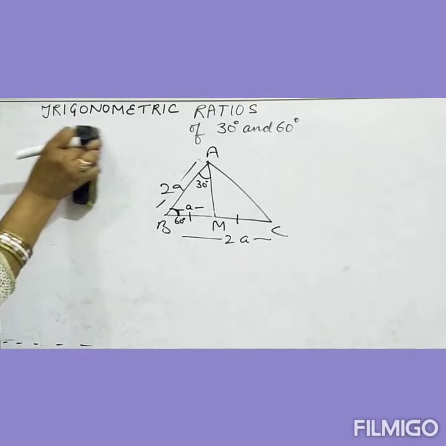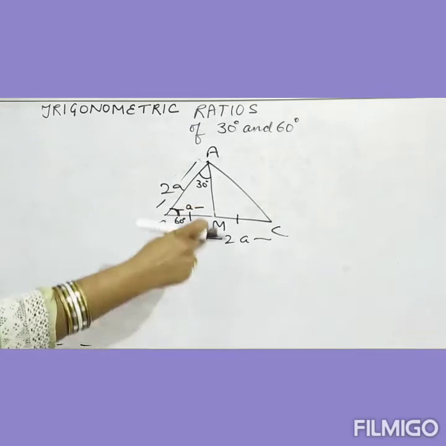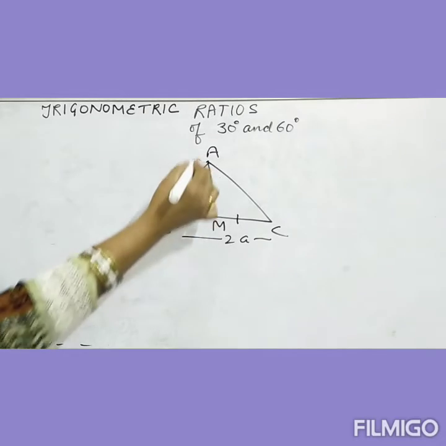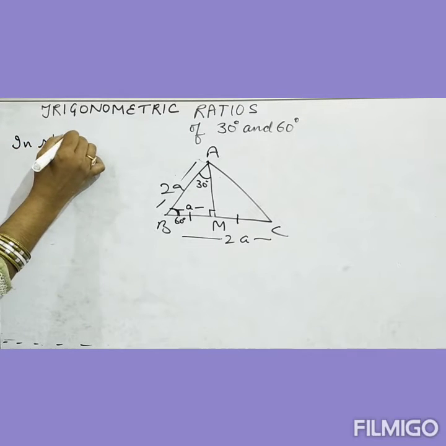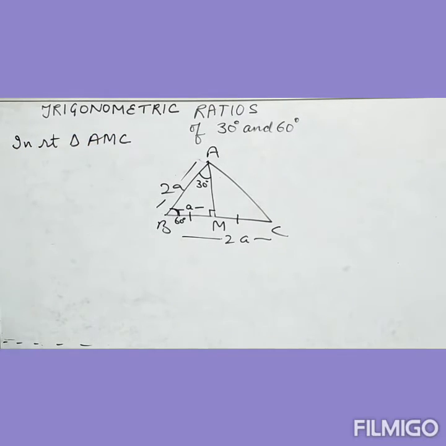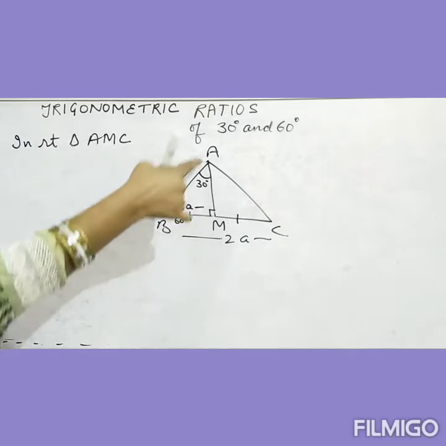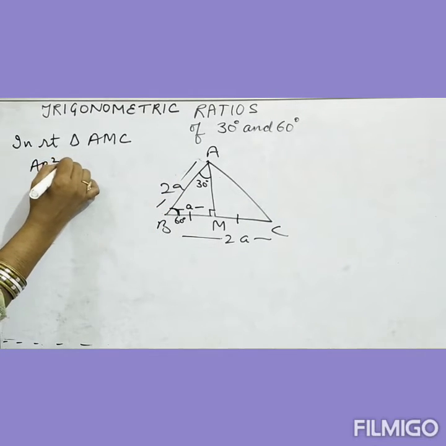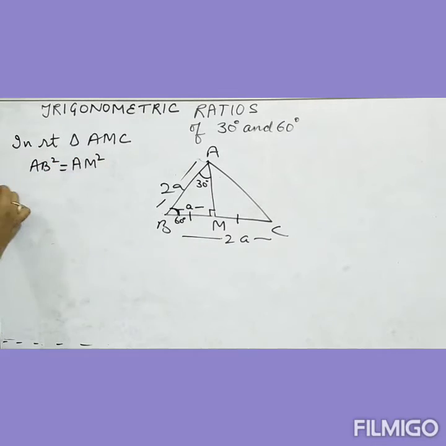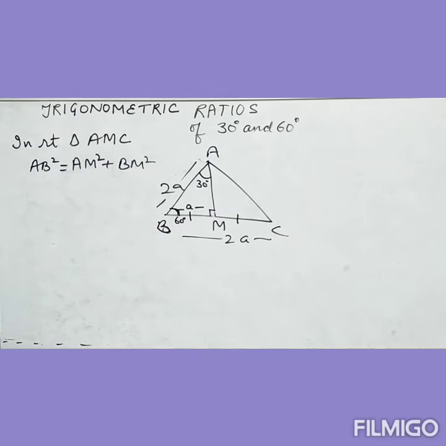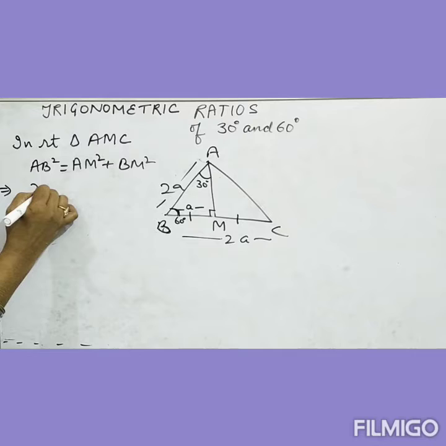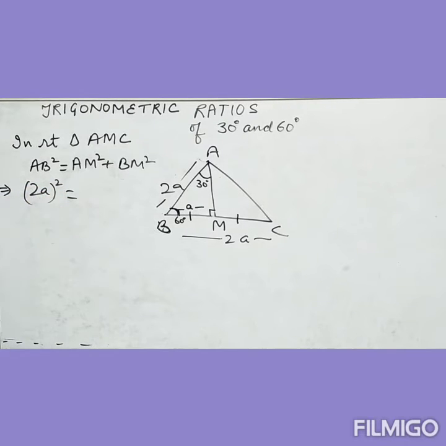But before doing that, we have to find out the value of AM here. Again, as AM was perpendicular on BC, in right triangle AMB, we can apply the Pythagoras theorem, and according to Pythagoras theorem, AB square should be equal to AM square plus BM square, right? AB square is (2A) square, and AM square we don't know.